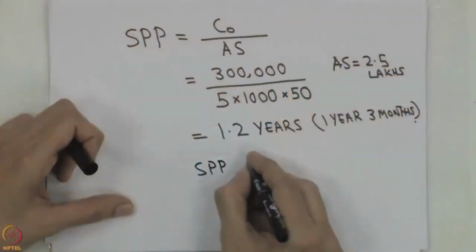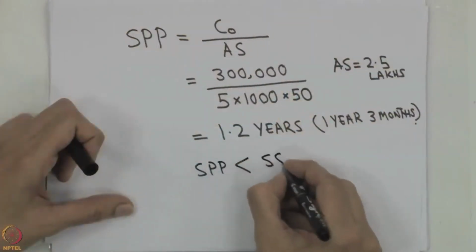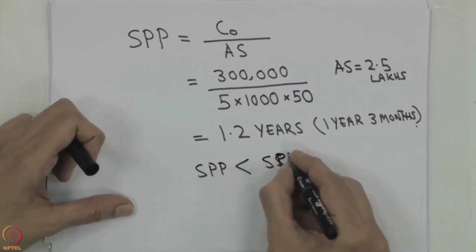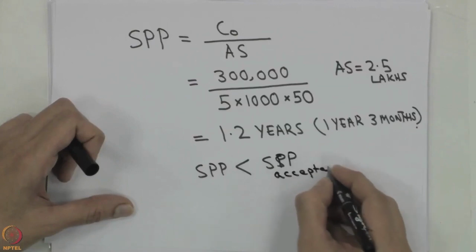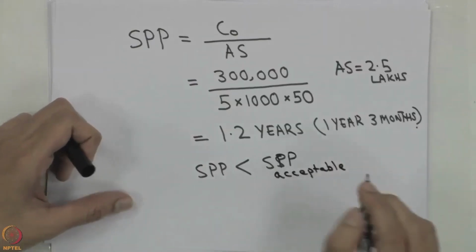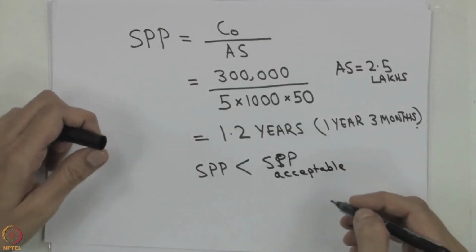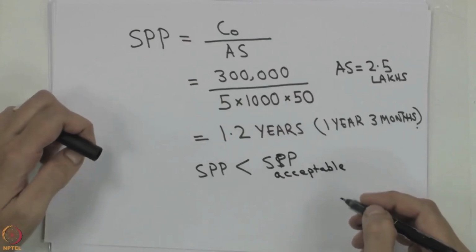So this SPP must be less than SPP acceptable, and the company which is making the investment will decide what is an acceptable payback.